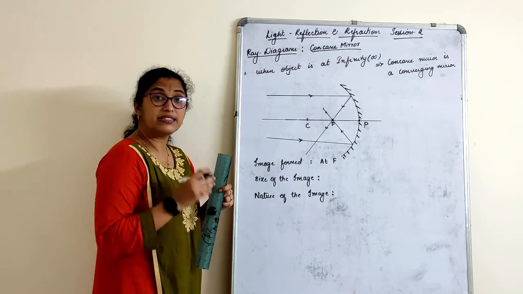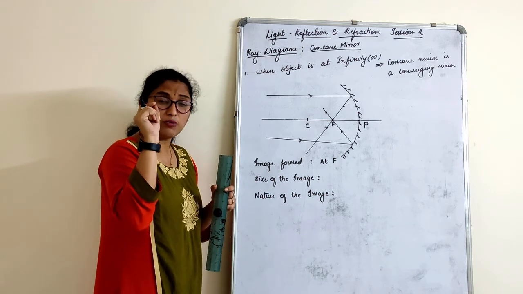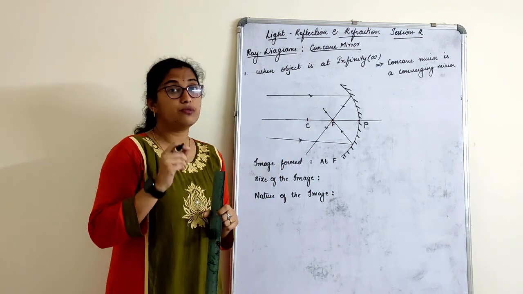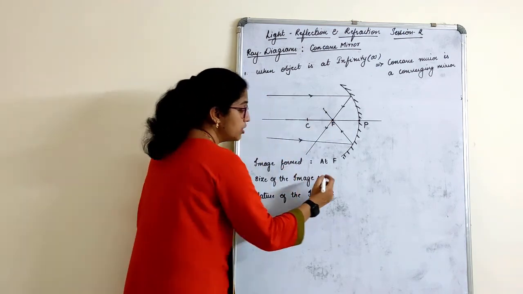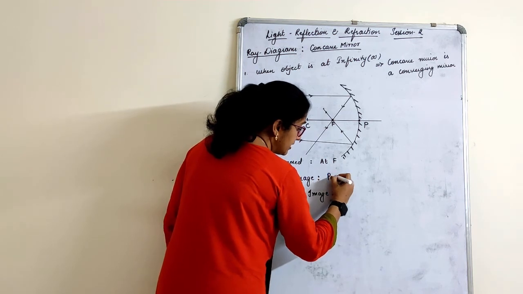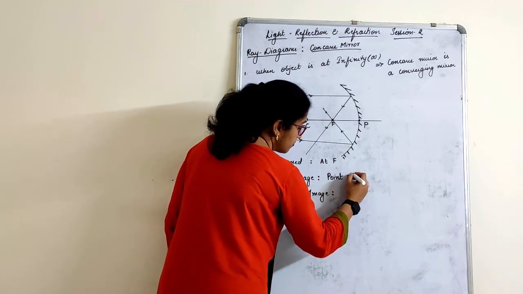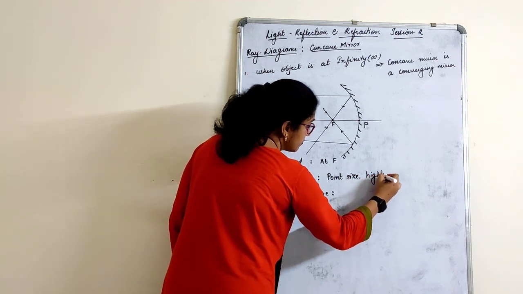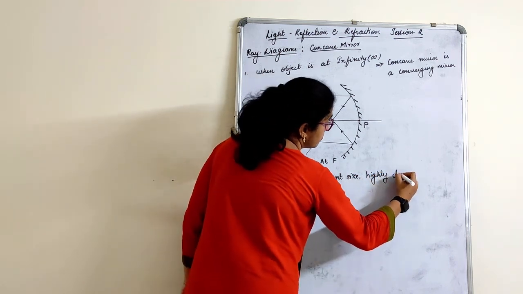But what is the size? It is diminished, very small. For that, where the image is point size, we use the words highly diminished. So it is point size, comma, highly diminished.